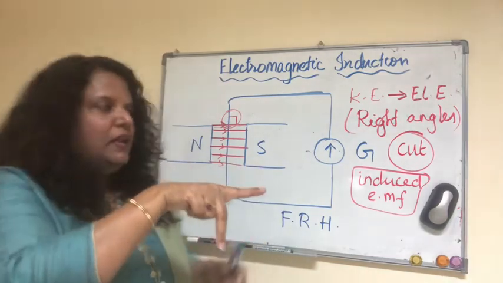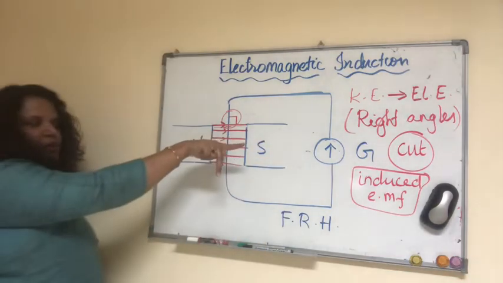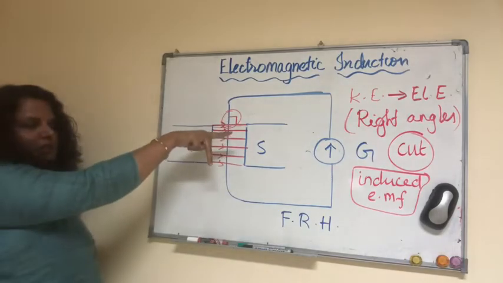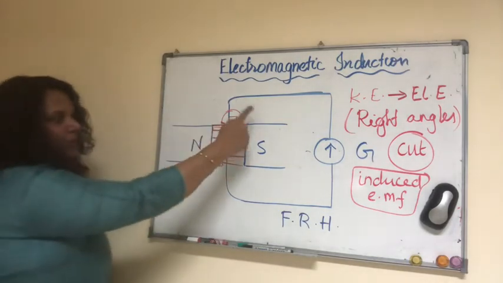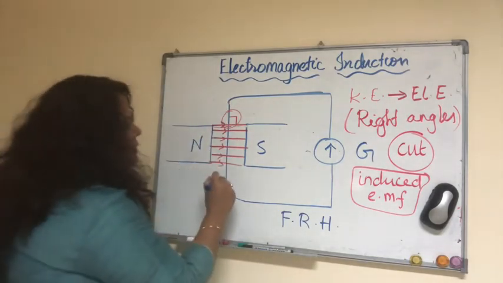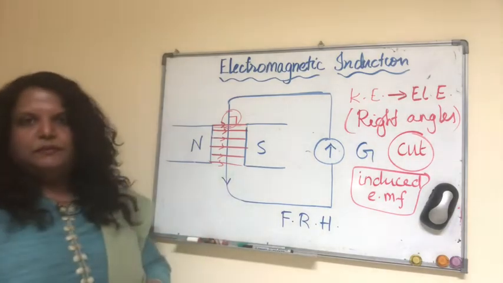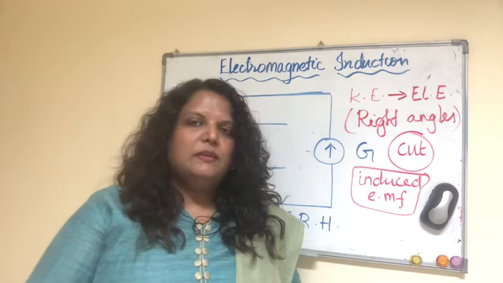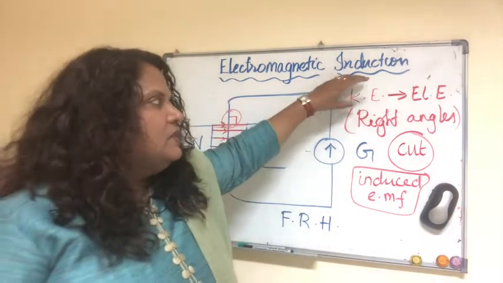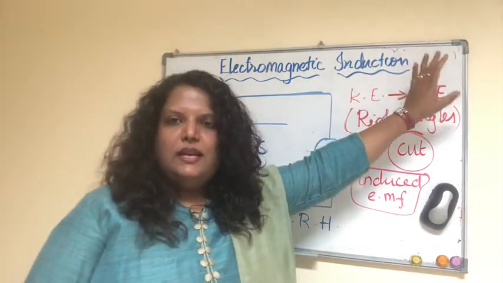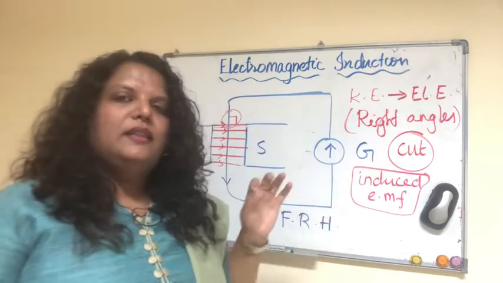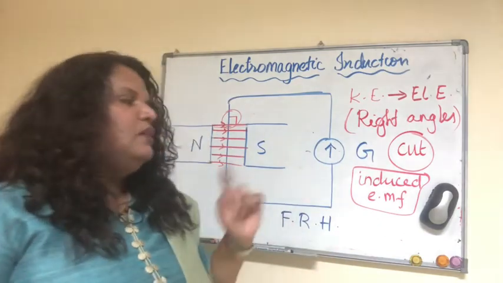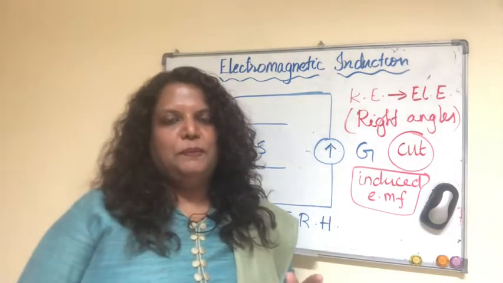Now, when I keep it like this, moving it into the board with the field like this, you can see the second finger pointing down. So in this situation, the current flow will be down. You getting it? Fleming's right hand rule is applied when kinetic energy is converted to electrical energy, to identify the direction of the current flow.